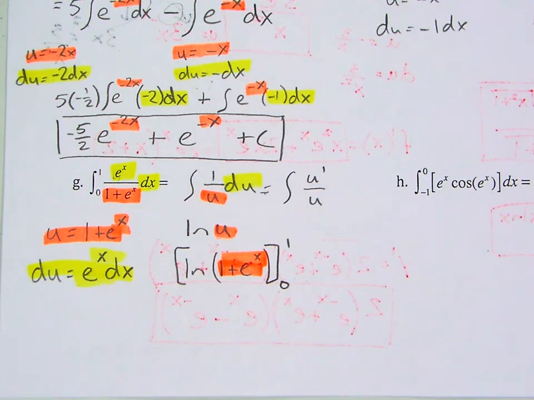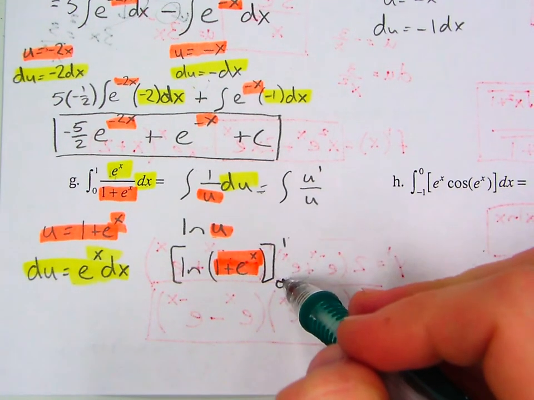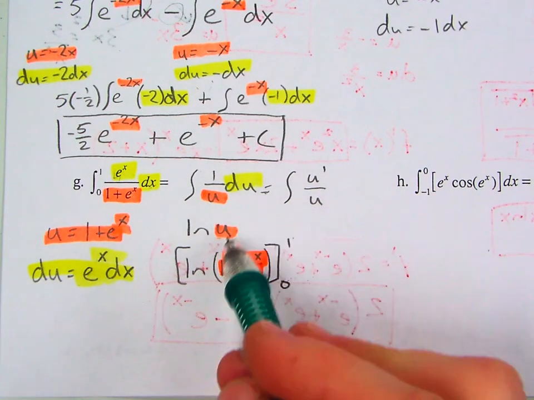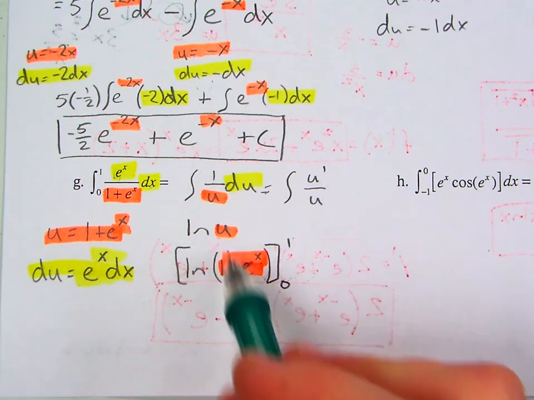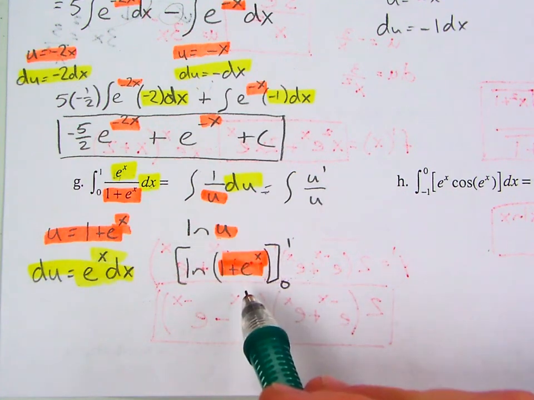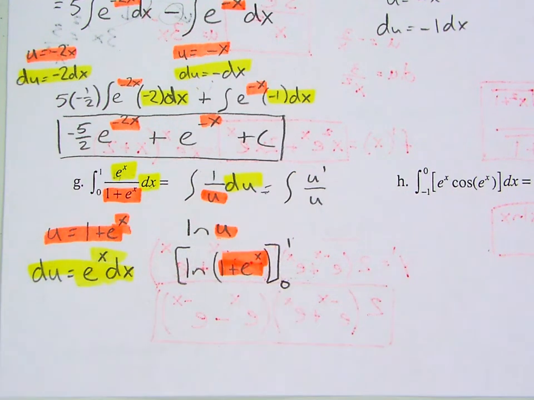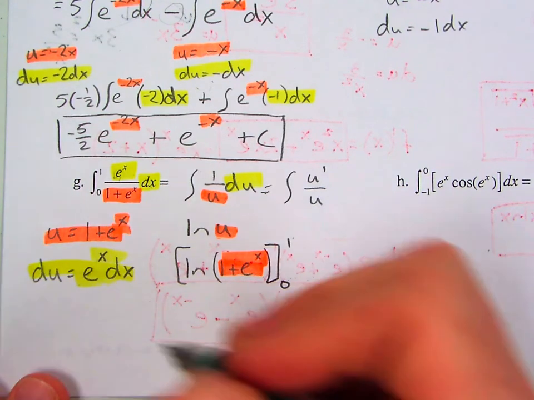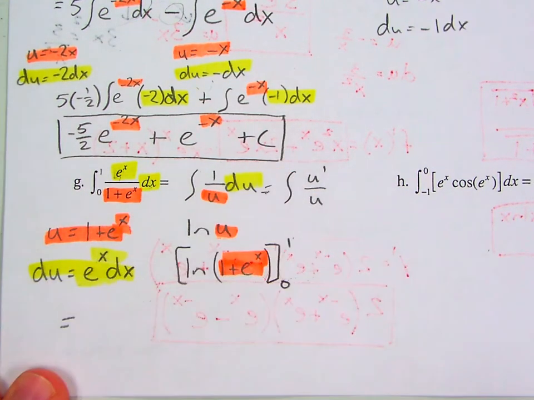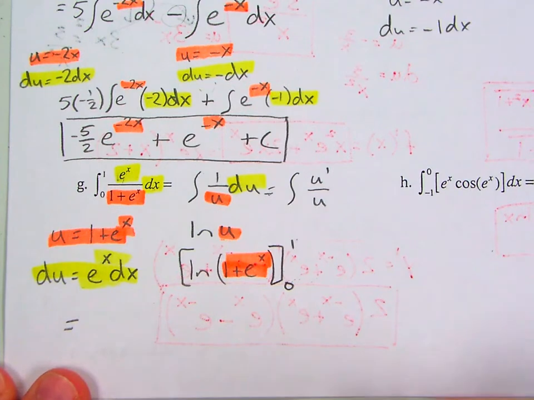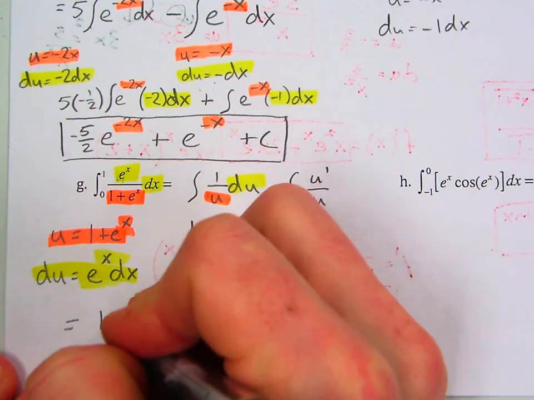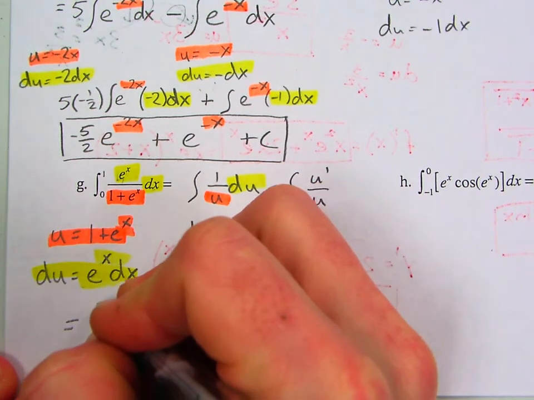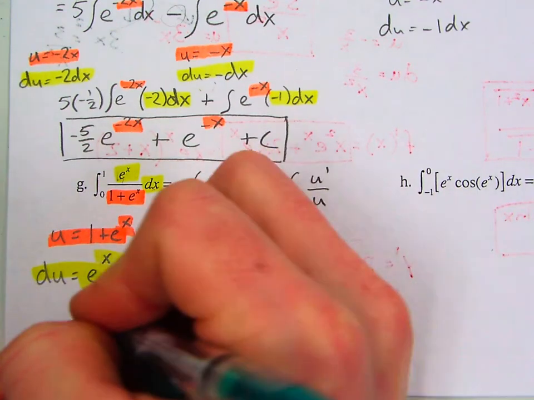I think in this situation, because we had nice numbers like 0 and 1, and also the integral with u was very simple, it's better just to substitute u back in. So what's 1 plus e to the 0? It's 1 plus e to the 0.